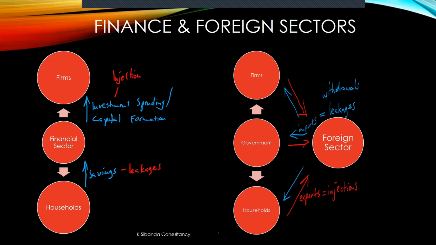But even if we remove the government, what we want to understand is how the foreign sector comes into play in the South African economy, by understanding that there are exports and imports.